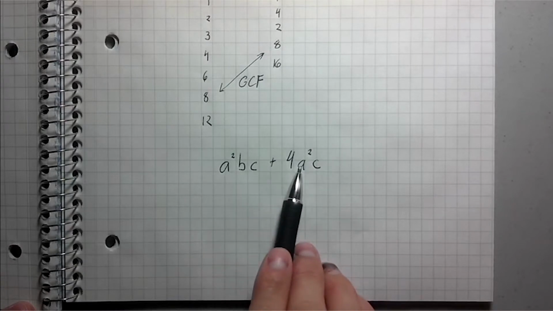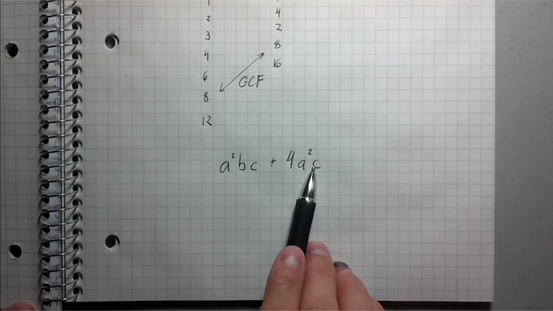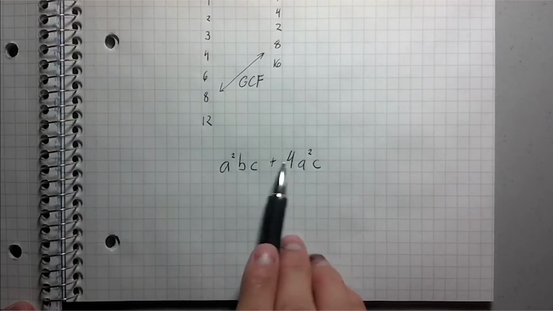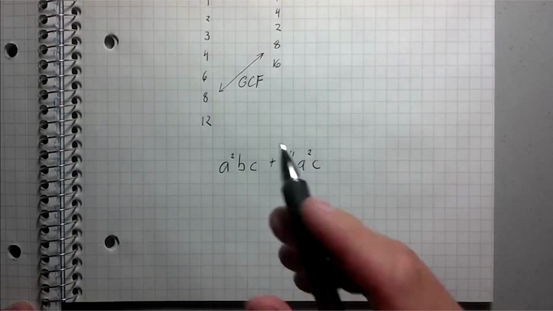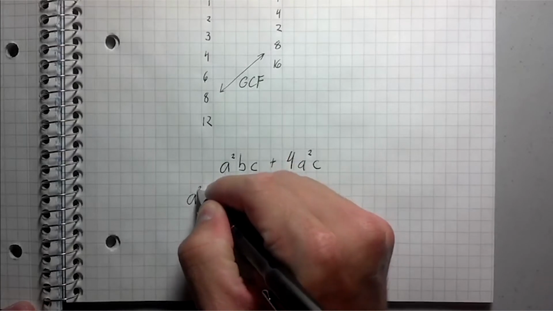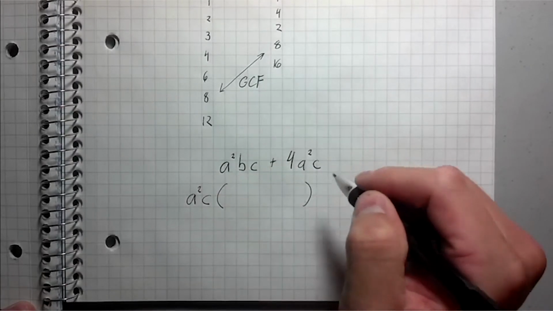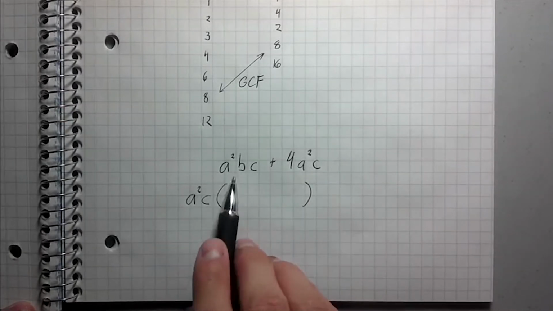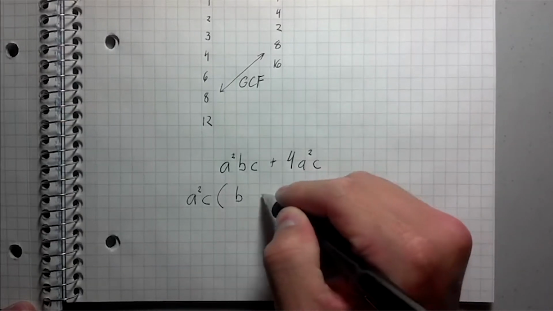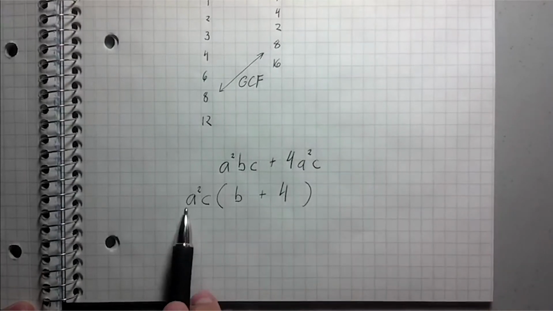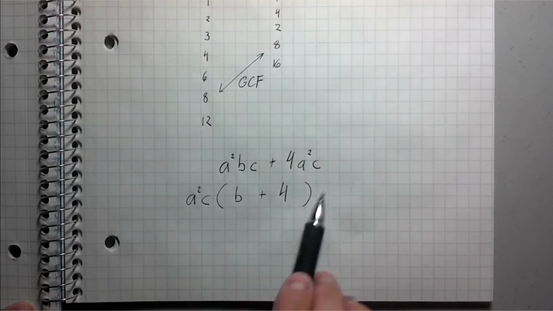Well, they have an a squared in common, and they have a c in common. b and 4 are not in common, so b and 4 cannot be part of the greatest common factor. In fact, the greatest common factor in this case would just be a squared c. And then if I pull that out of the expression, what I would be left with here is simply a b, and what I'd be left with here is simply a 4. So I could rewrite this expression like this.